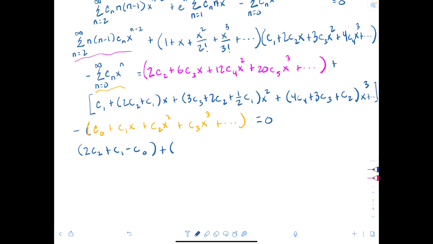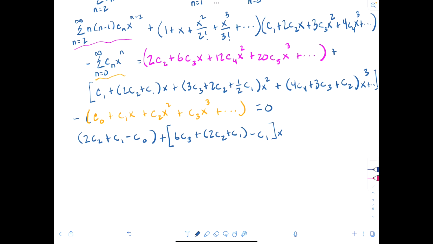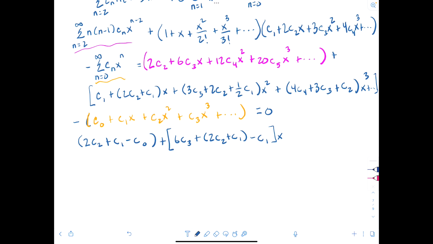And then plus, now the x term, 6c3 plus, put a different bracket here, 2c2 plus c1, and then minus c1, all times x. And then let's see what we have for x squared.